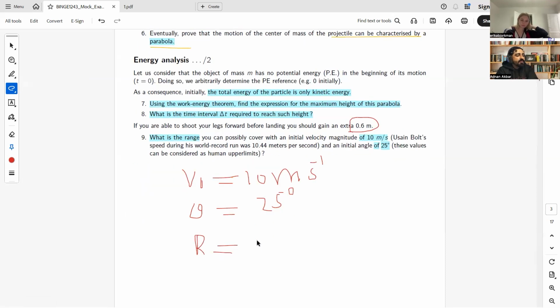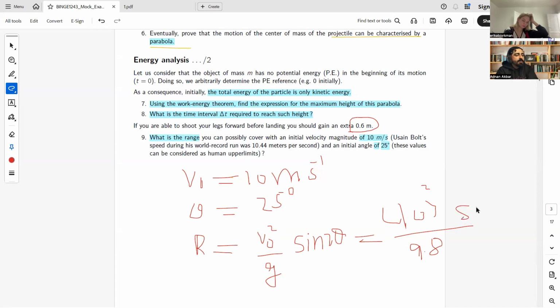For the range, we have the formula V naught square by g sine 2 theta. And we need to replace the given values here. Square of the velocity, square of the 10, divided by 9.8, multiplied by sine of 2 into 25.